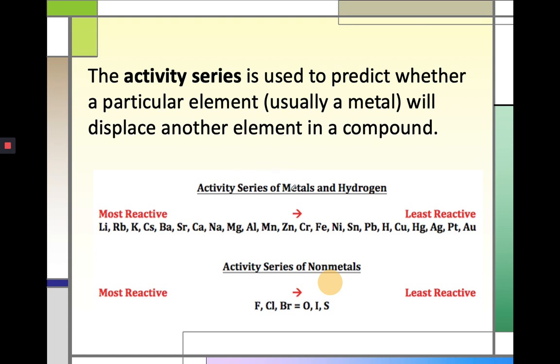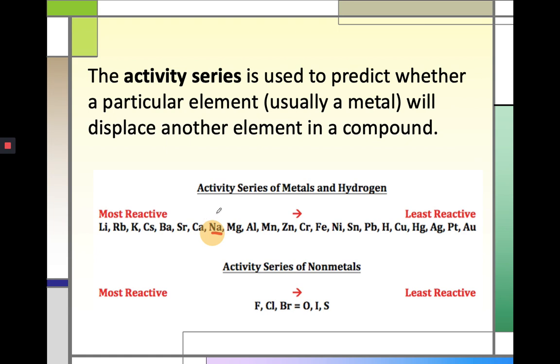The keynote here is that if you choose one element, for example Na, all the elements before Na will be able to displace it.